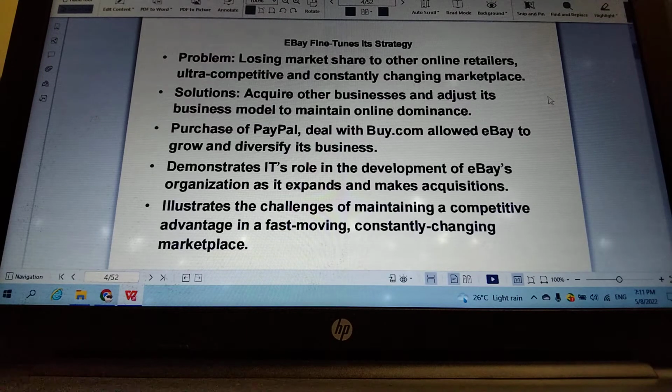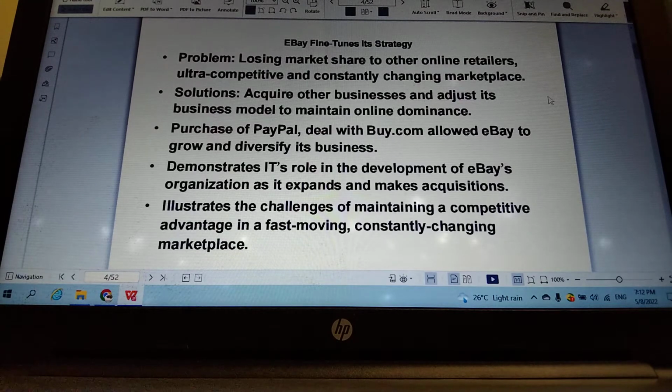Also, they demonstrated IT's role in the development of the eBay organization as it expands and makes acquisitions. So they really made use of MIS system in developing eBay within the organization. They also illustrate the challenges of maintaining a competitive advantage in a fast-moving and constantly changing marketplace. So these were some of the actions taken by eBay to overcome this problem.